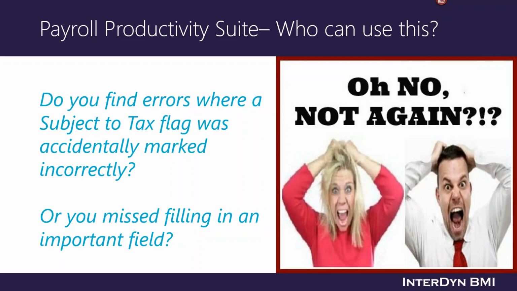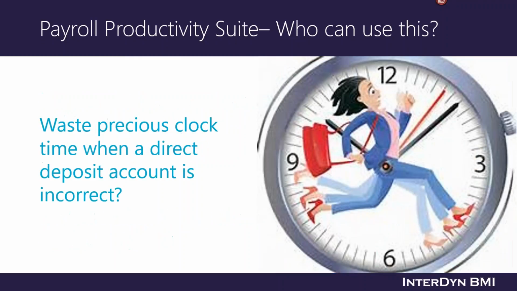Within this Payroll Productivity Suite, you'll find some great ways to prevent issues like that from happening in the first place. So we have better things to do with our time than tear our hair out because we're finding errors. So let's prevent them to start with.